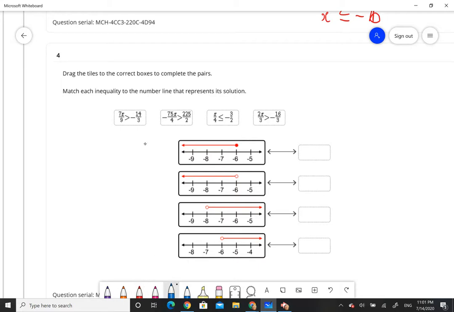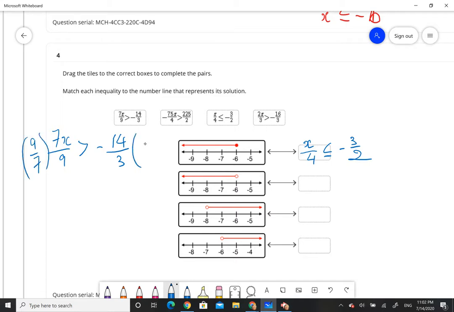So that means this one, x divided by 4 less than or equal to negative 3/2, right? That's the only one. Now you do this one. So you have 7 over 9 x greater than negative 14/3, right? To solve that, you need to multiply by the reciprocal of 7/9, which is 9/7.